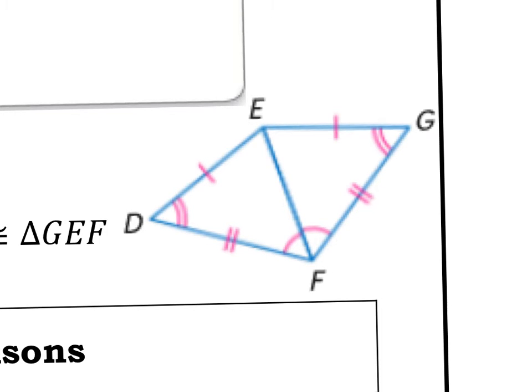What we want is to conclude that all the sides are equal to each other, and then all the angles are equal to each other. So 2 of the sides are marked as congruent, 2 of the angles are marked as congruent. So I need to prove that that third unmarked side is congruent and that third unmarked angle is congruent.